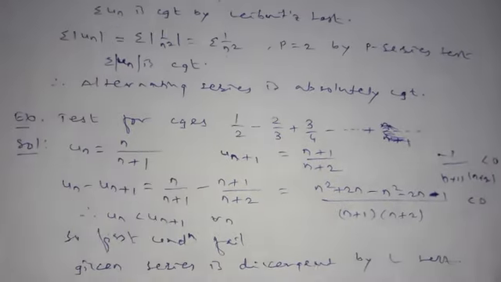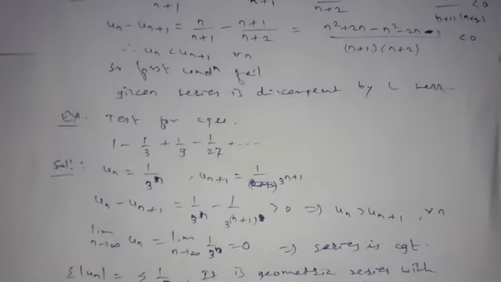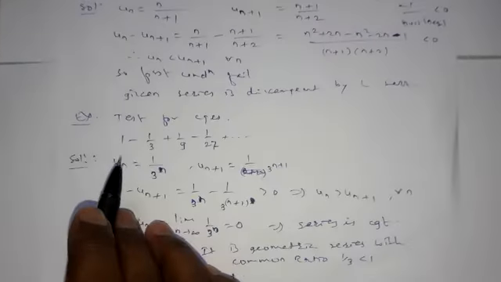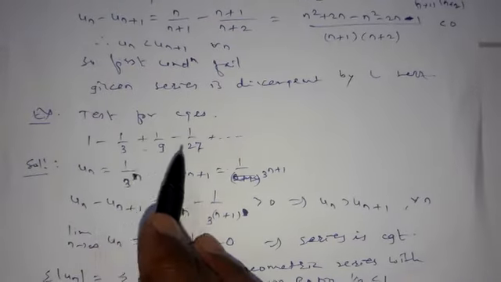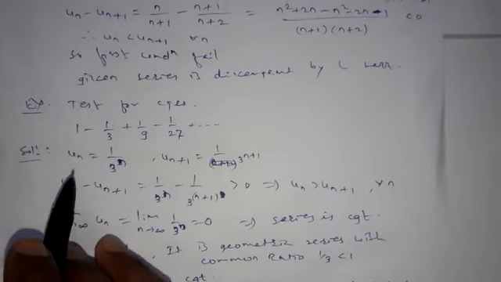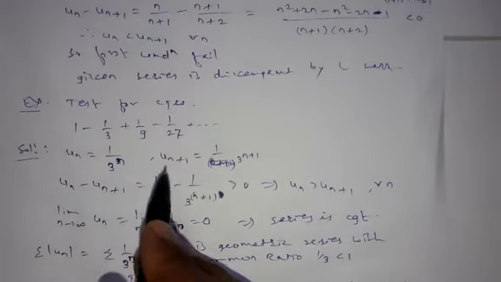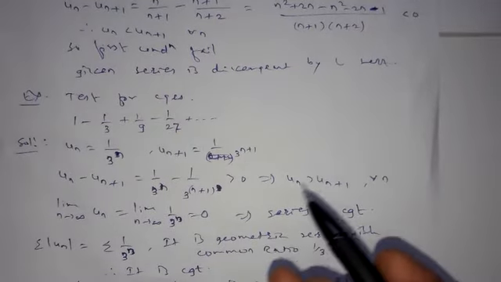Clearly, it is divergent. You may check one more example. Test the series 1 minus 1 by 3 plus 1 by 9 minus 1 by 27 like that. You can see it is a geometric series, right? So here again un is 1 upon 3 raised to n, and un plus 1 is 1 upon 3 raised to n plus 1.